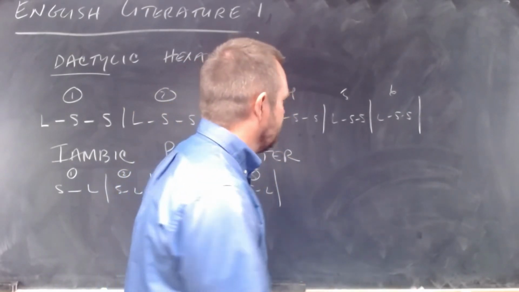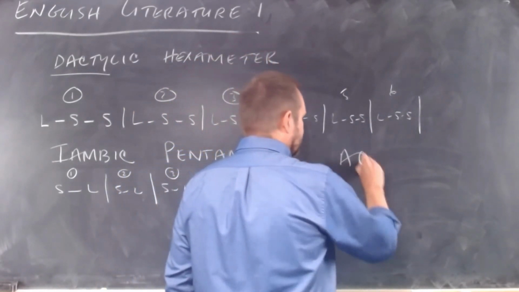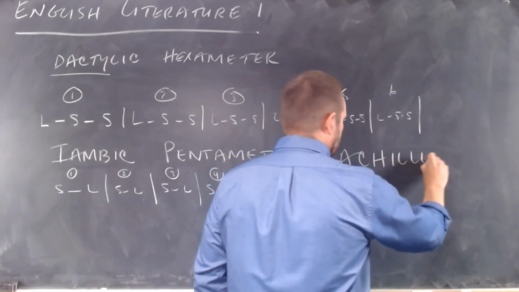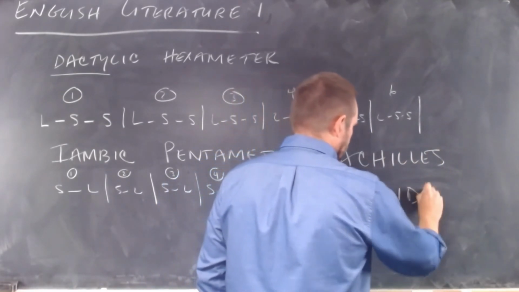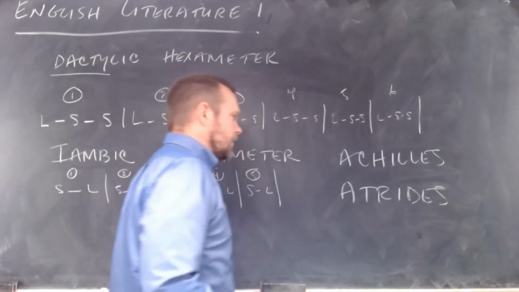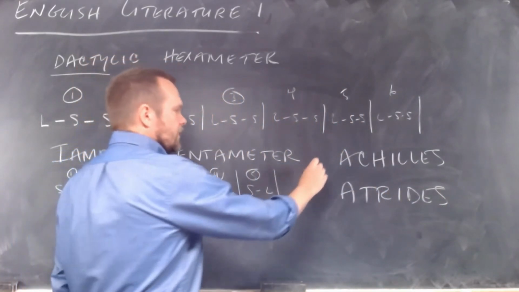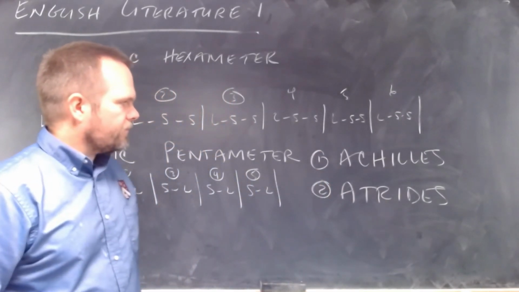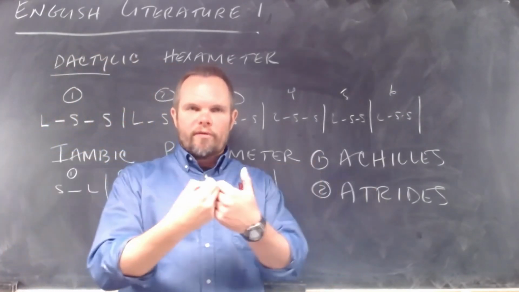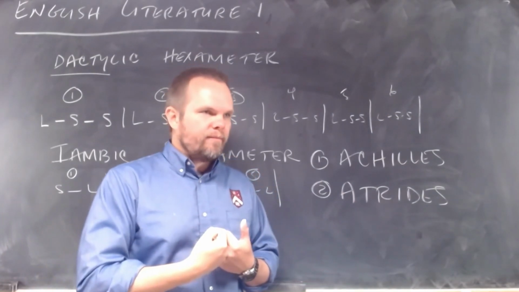Now in the next line, we read, since great Achilles and Atrides strove. We have these two names, Achilles and Atrides. These are the two main characters of this story. And we read here that they strove against each other. They had a fight.